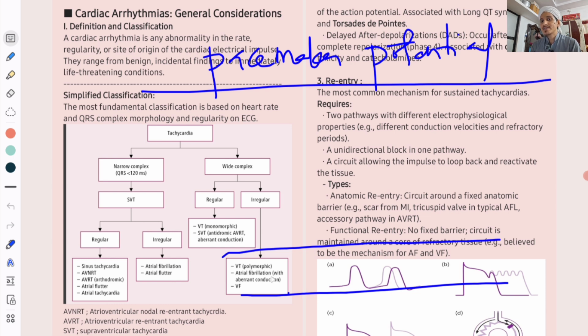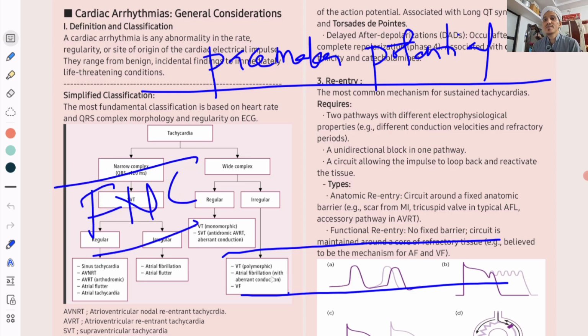It depolarizes by something called funny currents, funny sodium inward currents. Sodium will get inside when the SA node reaches the baseline membrane potential. These funny currents will open and sodium will get inside, and the membrane potential will rise to the threshold.